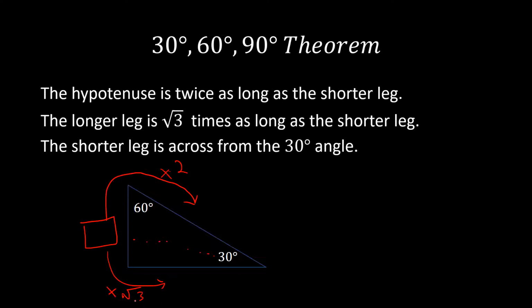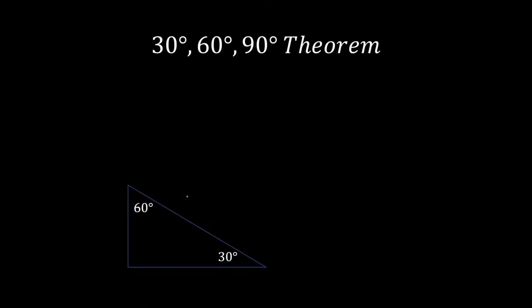So if, for example, this side were 8 inches, then the hypotenuse would be times 2, which would be 16 inches, and then the other leg would be 8 times the square root of 3 inches. Now if you were given other information, instead of the side across from the 30-degree angle, maybe instead you're given the hypotenuse.